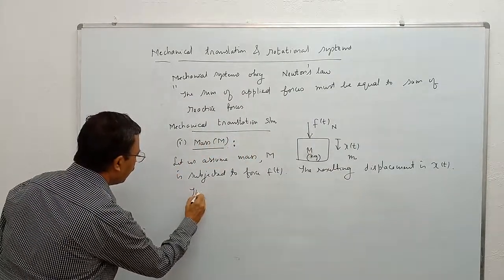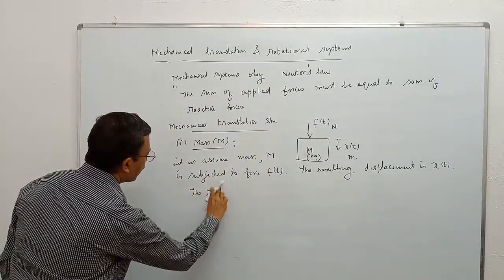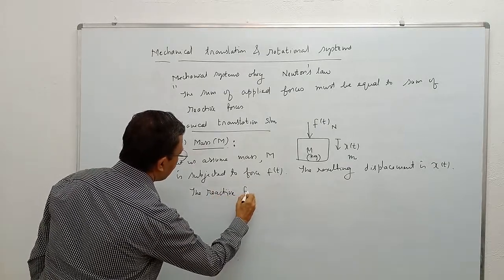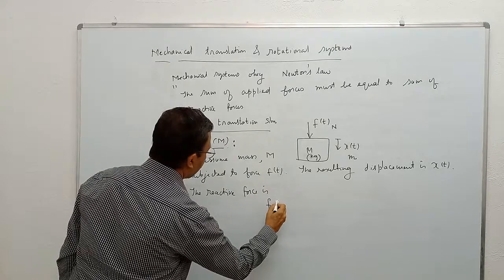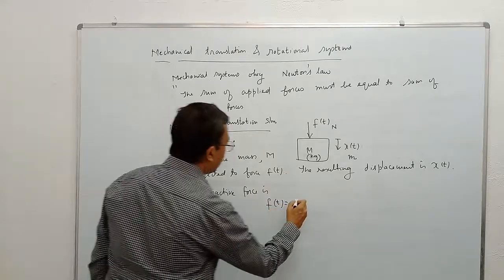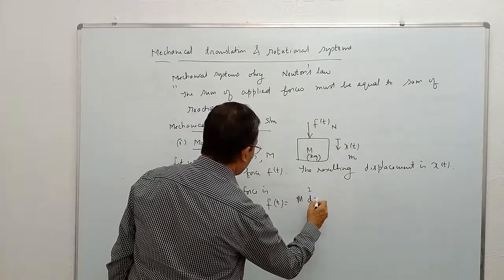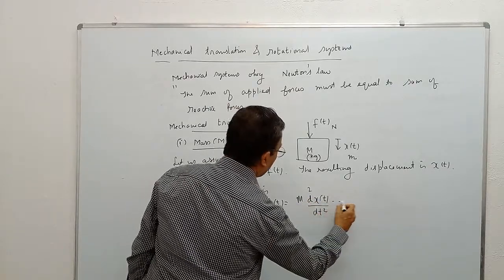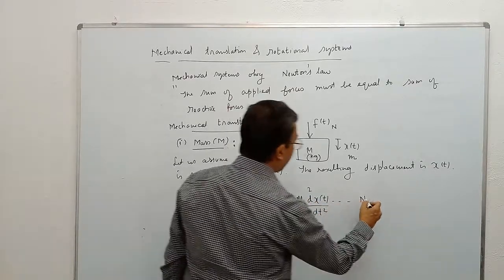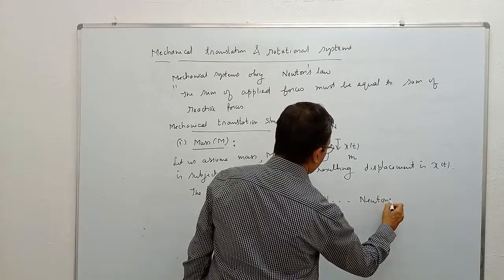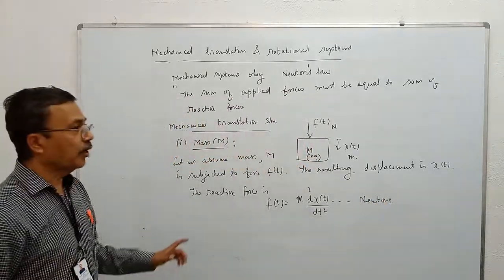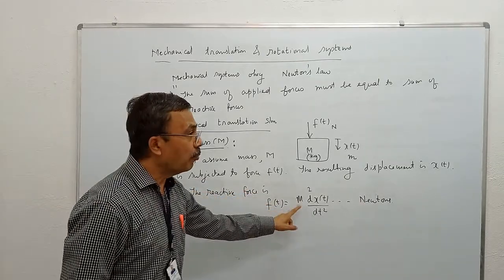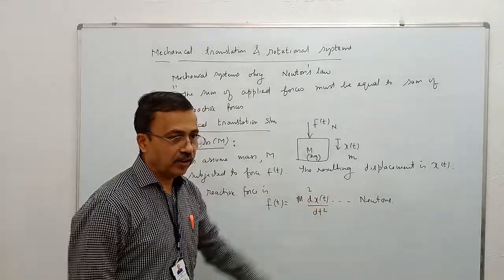The reactive force f of t is equal to m into d square x of t by dt square, and unit of force is newtons. This is nothing but mass into acceleration.